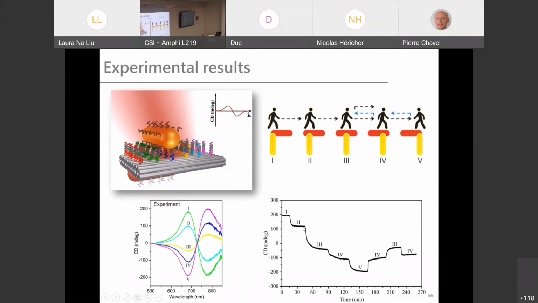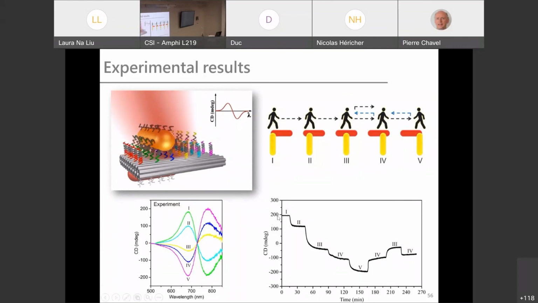And for each step change, that corresponds to a 7 nanometer distance change in space. 7 nanometers is well below the optical diffraction limit. Just because of the very sensitive CD spectroscopy, we can even distinguish such 7 nanometer step change of the plasmonic walker on the origami template, just using standard spectroscopy.